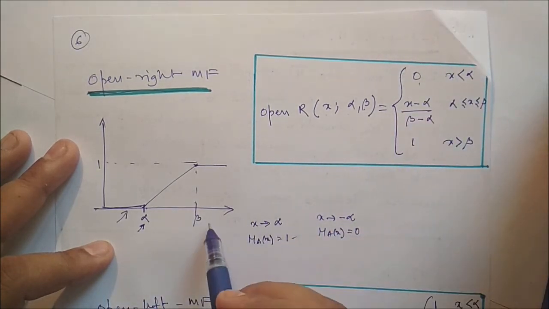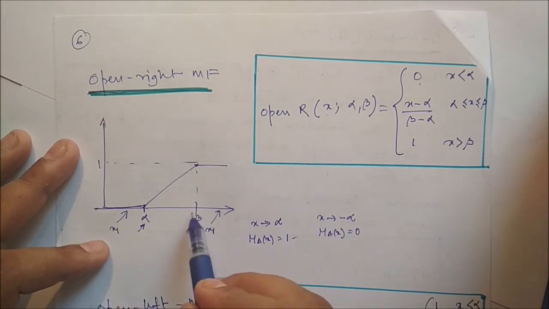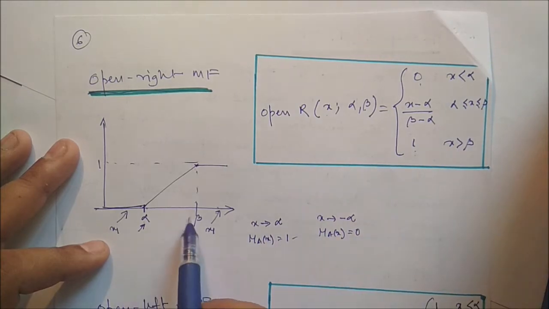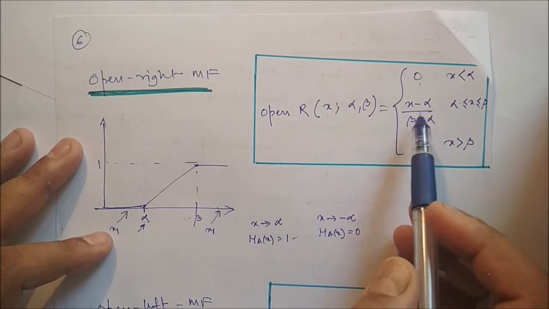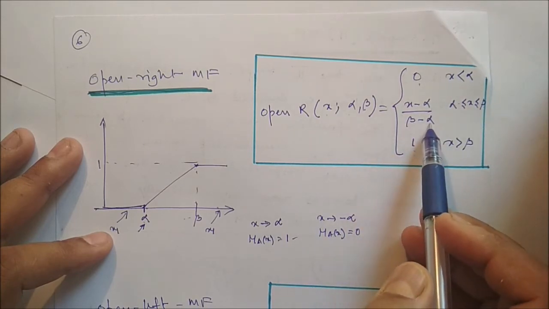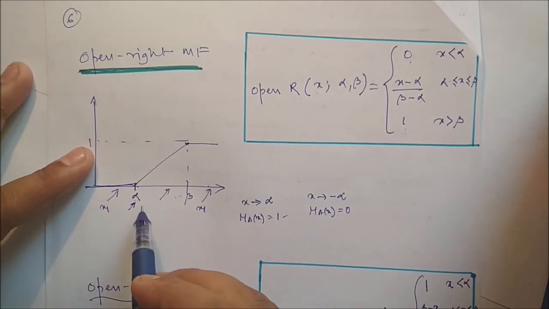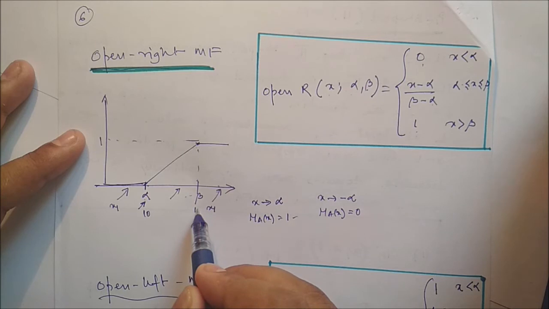If the value of x is more than beta, somewhere here, then definitely it is 1. And if it is in between alpha and beta, then the membership value is x minus alpha by beta minus alpha. That means it is somewhere here. So we can see one simple example. Say alpha is equal to 10 and beta is equal to 14.